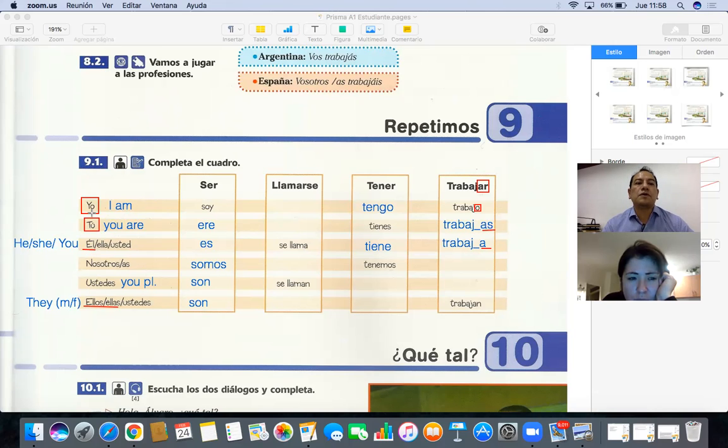When you use the word yo, the ending is going to be O. Because there's a correlation between all of those, isn't there? Exactly. Tengo is an O, trabajo is an O. Tienes is ES, and then AS. I'm not sure about tiene and trabaja. I don't know how they correlate.